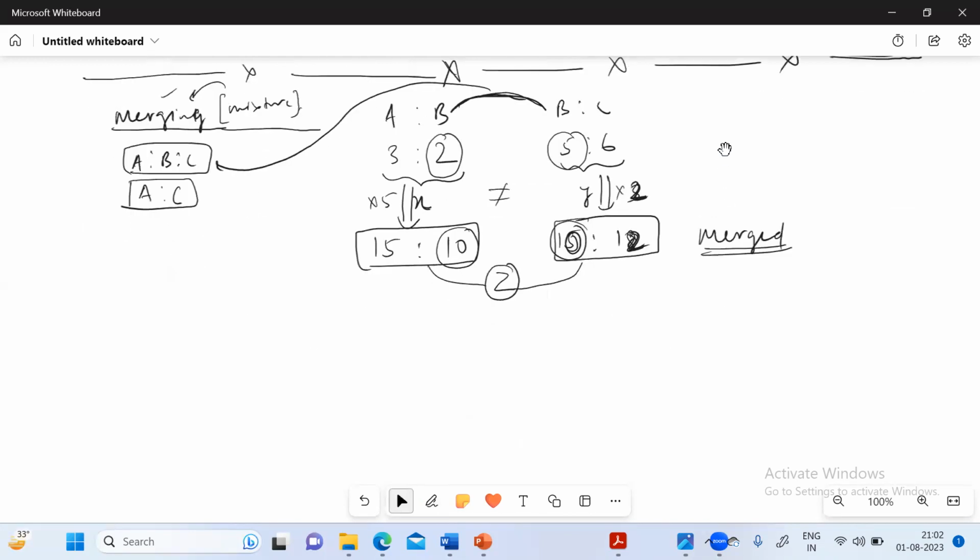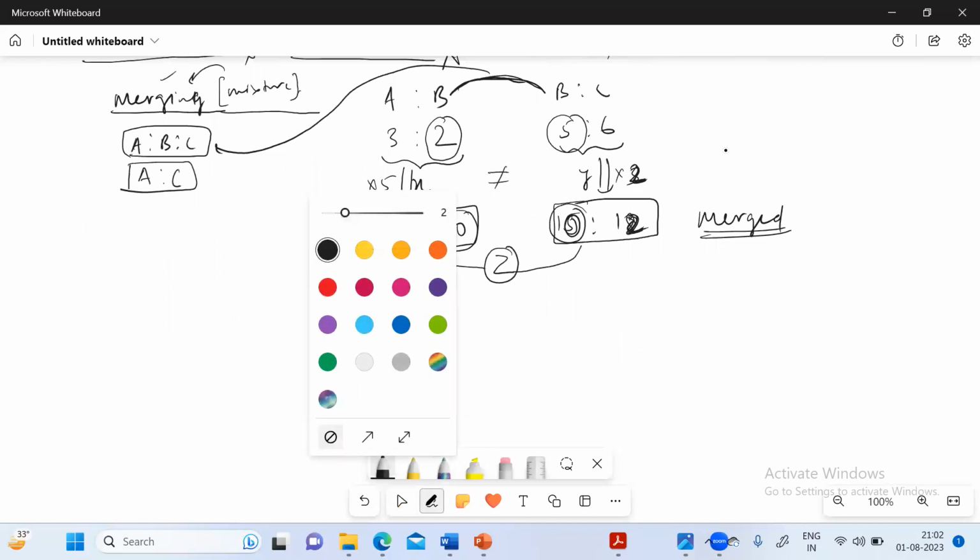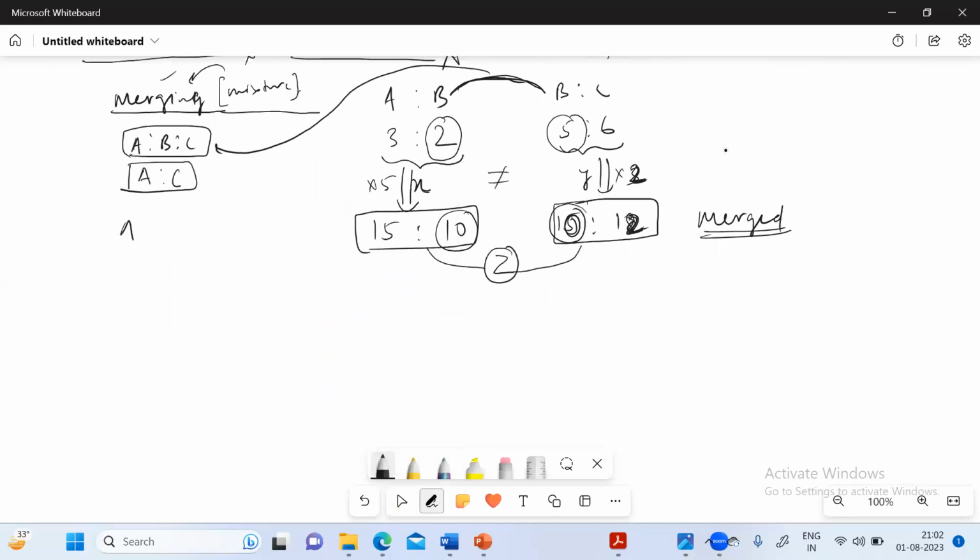So after merging the ratio, we can finally tell the ratio of A is to B is to C. So A is to B is to C is 15 is to 10 is to 12. And then we can further find the ratio of A is to C, which is the same as 15 is to 12, and we can reduce it by dividing by 3, which is 5 is to 4. So this will be the ratio of A and C.